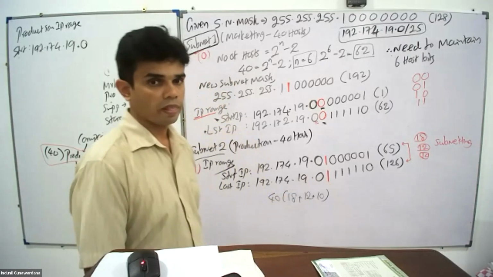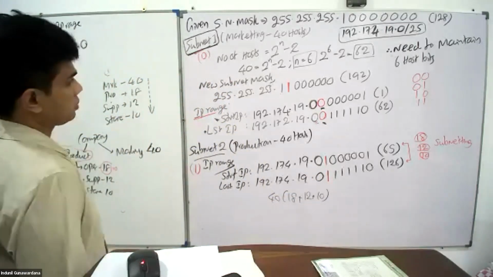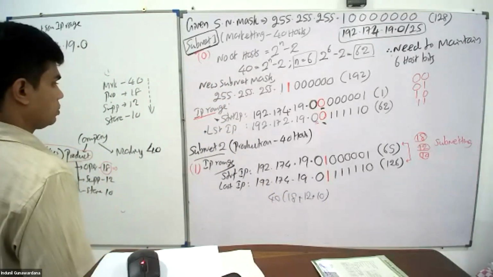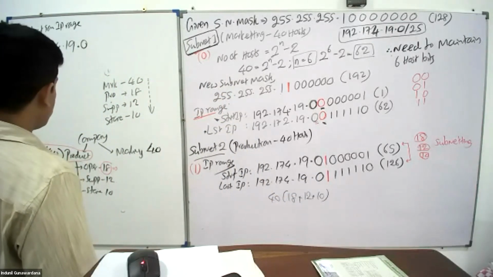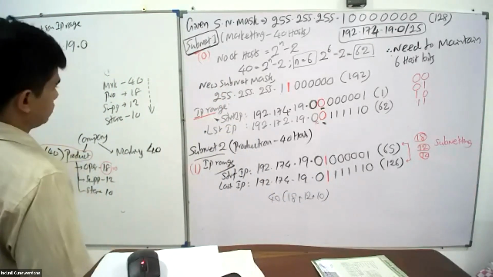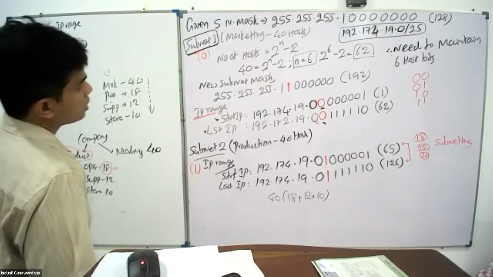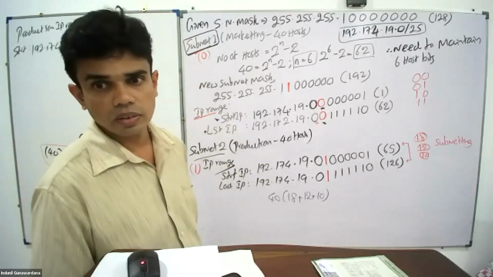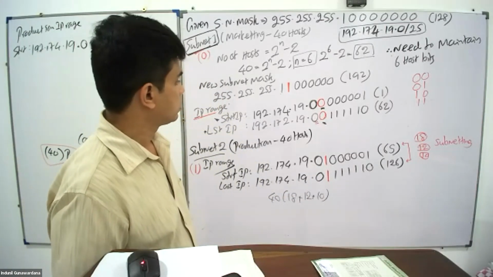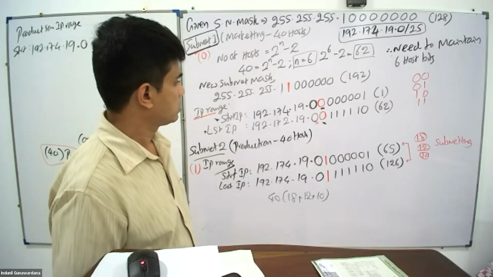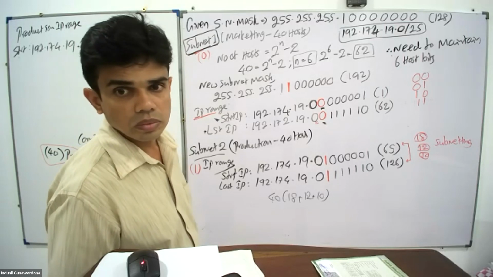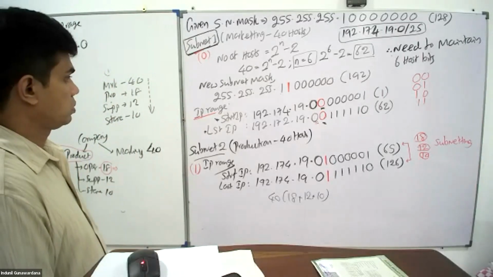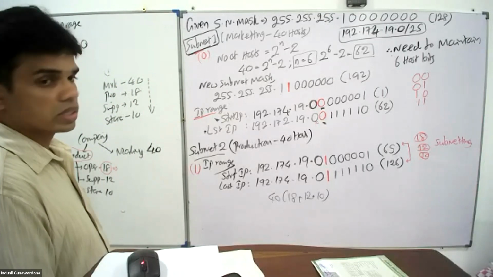Add them together: completely 40 hosts are available within the production section.